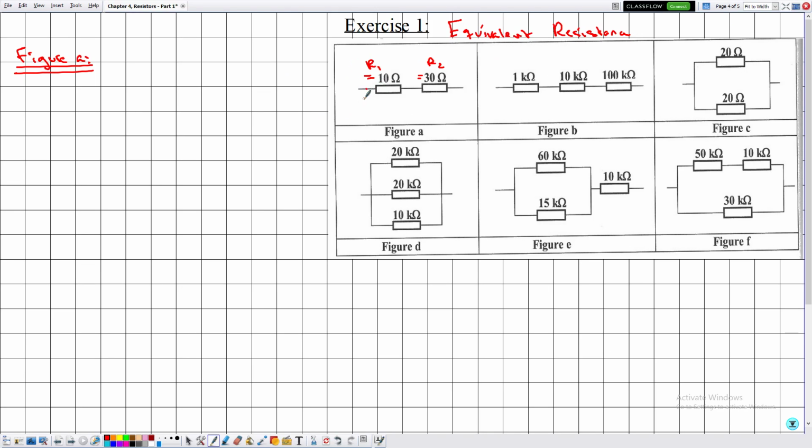Let me say that this is the point A, this is the point B, and this is the point C, and let me say that R1 and R2 are in series. So in this case the equivalent resistance is given by R1 plus R2.